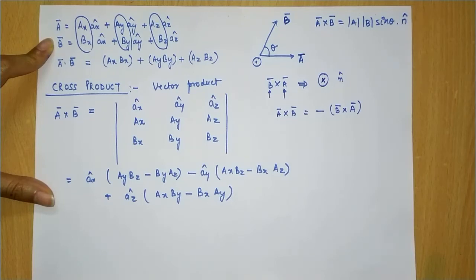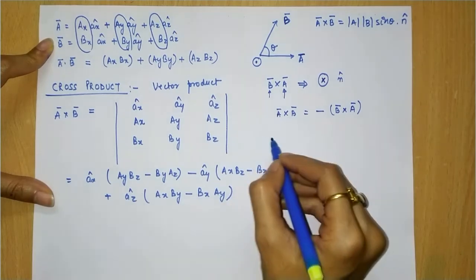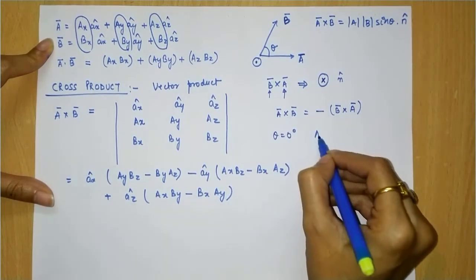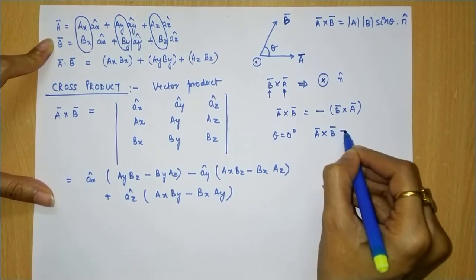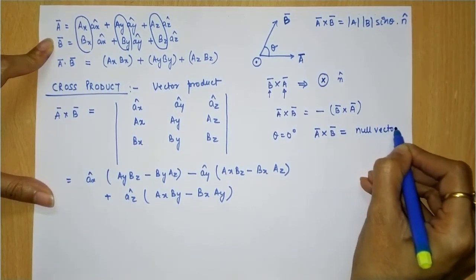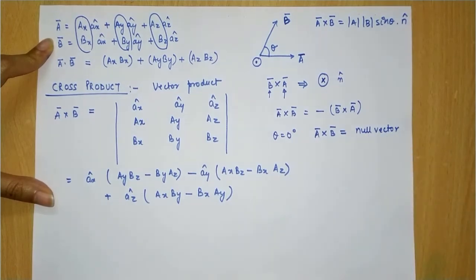If both the vectors are in the same direction, that is theta equal to 0 degrees, then A cross B is equal to a null vector. We can't write it as 0 because its magnitude will be 0 but it will certainly have some direction.